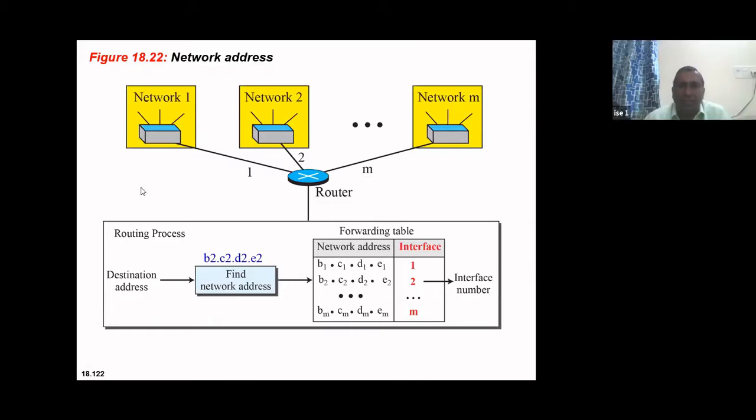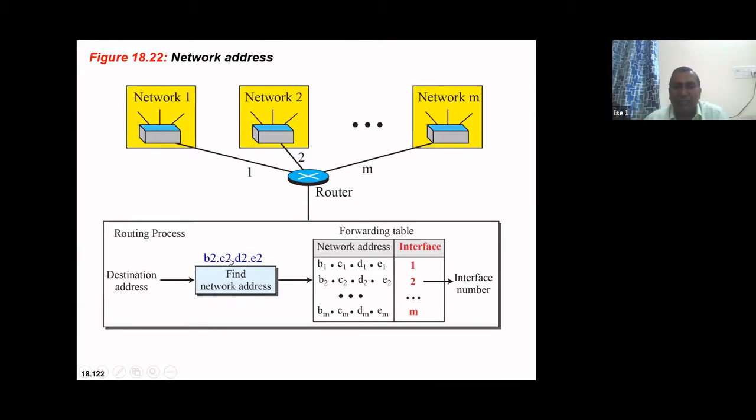Okay, fine. So you have seen that this is the router, and from any network, a particular address has come here. The router will check its forwarding table and find the destination network address.